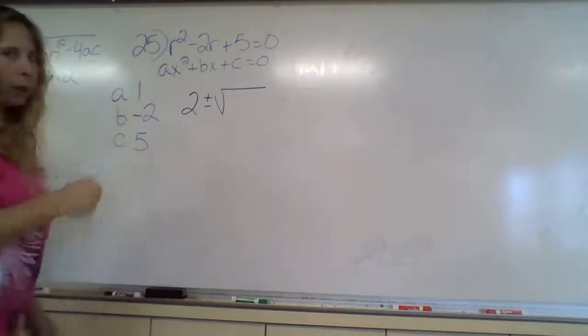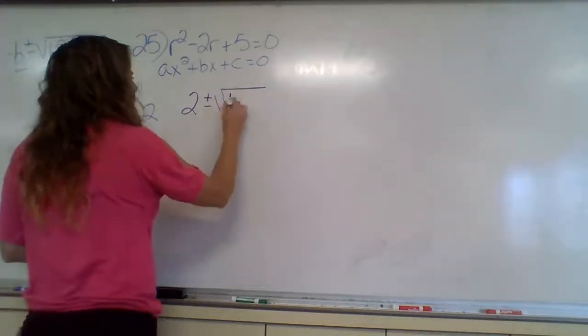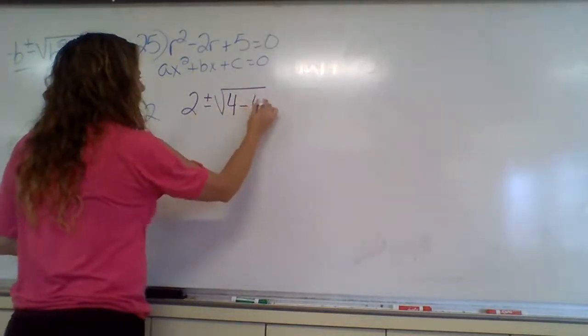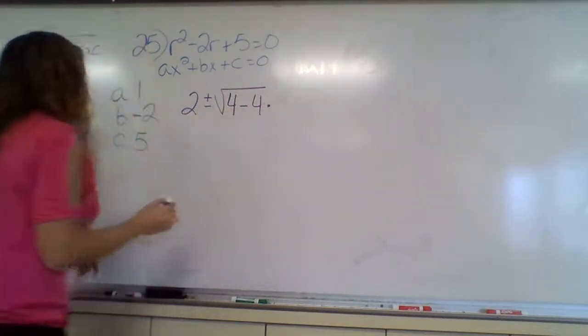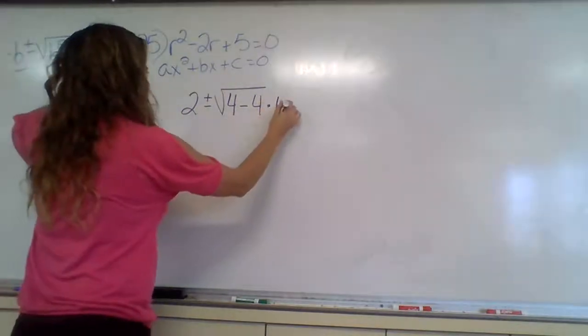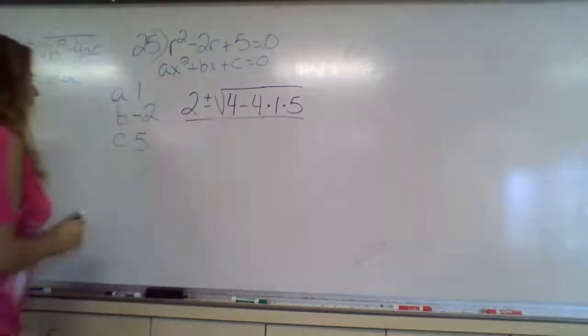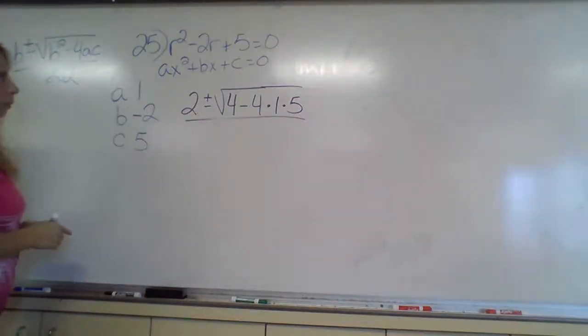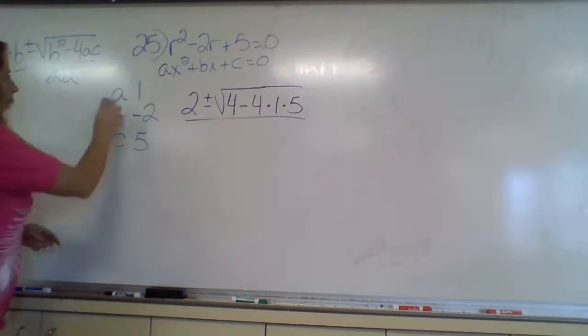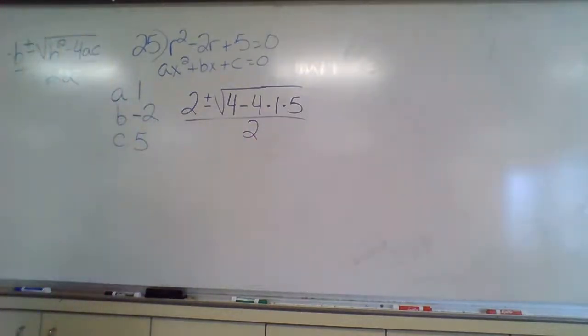What's -2 squared? It's 4. 4 minus 4 times a, which is 1, times c, which is 5, all over 2 times a, which is 2 times 1, so 2. Okay? That's everything substituted in.